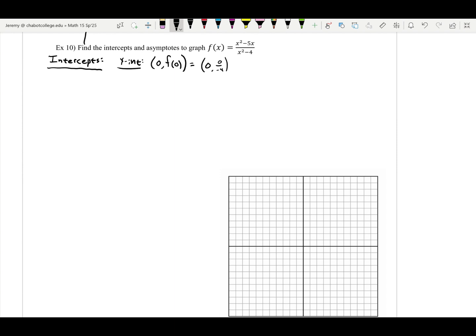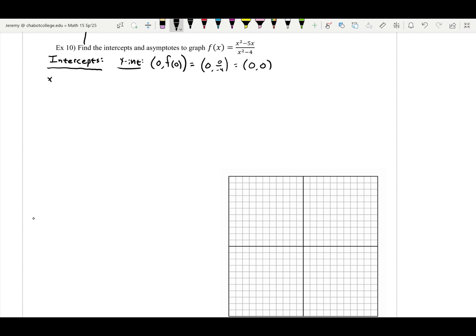That's what I get if I evaluate this function at 0. And any fraction that has a numerator of 0 is just equal to 0. So the origin, 0, 0, is going to be our y-intercept. Okay, cool. Let's find x-intercepts now.